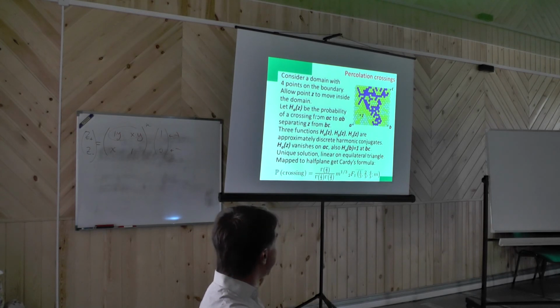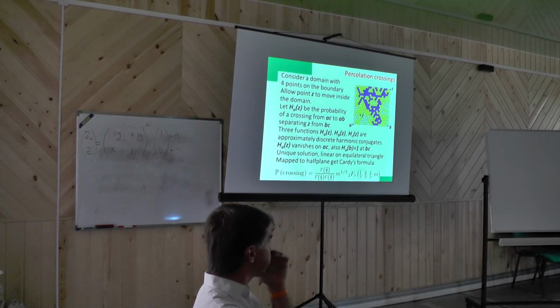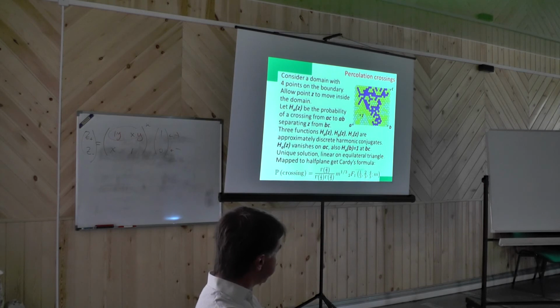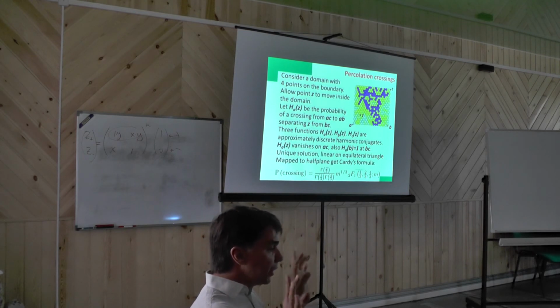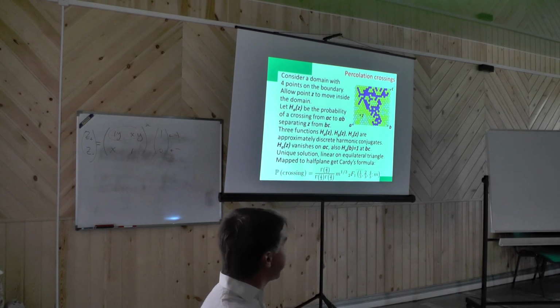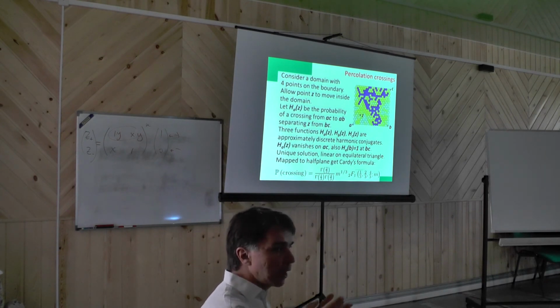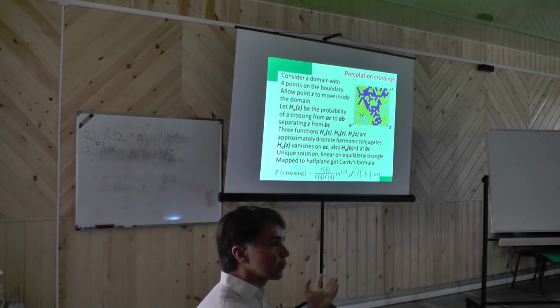So H_A of Z is the probability that there is a blue path which separates Z and A from B and C. And it turns out that if you define 3 functions H_A, H_B, and H_C, they are like 3 harmonic conjugates. They are projections, well, of course they are linearly dependent because there are 3 of them and not 2. Together they give a discrete analytic function. So they are projections of a discrete analytic function on 3 roots of unity.